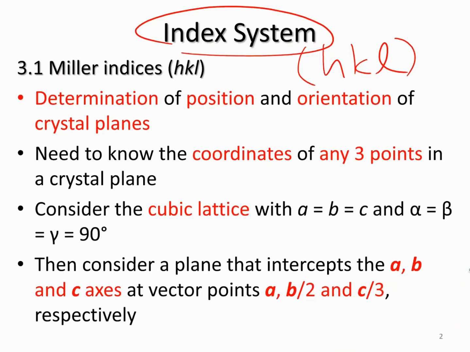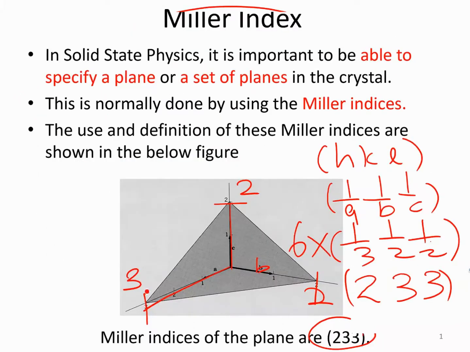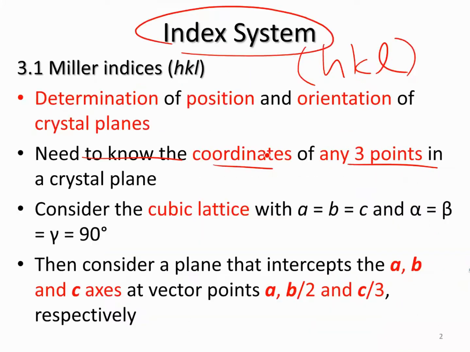We need to know the coordinates of any 3 points in a crystal plane. Just now, we had point A at 3, point B at 2, point C at 2. We need to know these 3 points, and only then can we convert them into HKL.